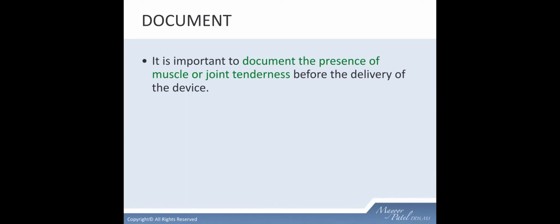If we can find something going into the case that demonstrates there are some issues, then maybe it's time to have a discussion on what we may need to do prior to fitting them with the device. Or in some instances, you can use the device, but you may not want to be aggressively protruding the mandible in the early stages. So documentation is very important.